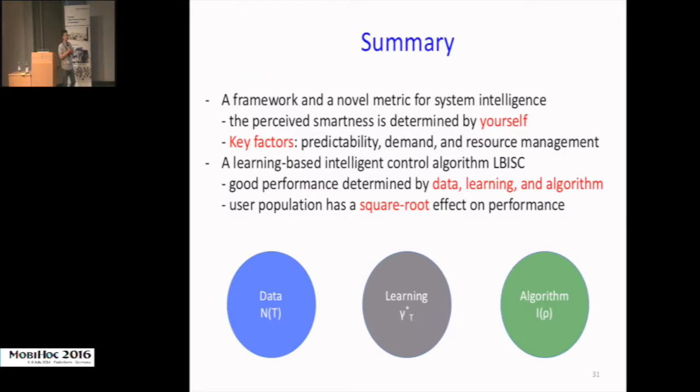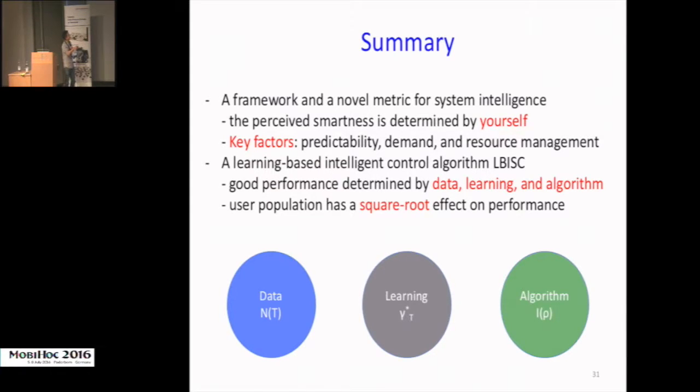All right, to summarize, we presented a framework and a novel metric for measuring how smart a system is. Some messages: the first message, which I kind of like, is that the perceived smartness is determined by yourself. So if you're not very happy with service, there is a reason.